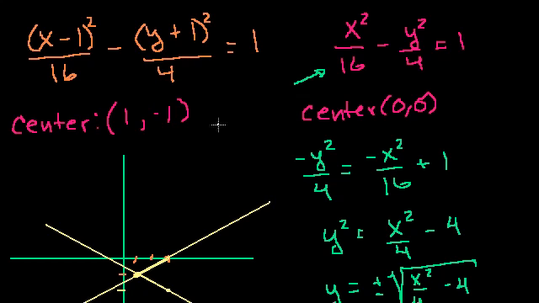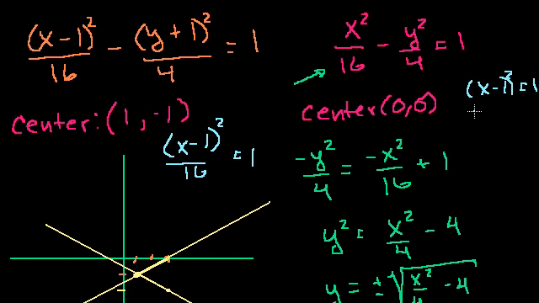So when y is equal to negative 1, you're left with x minus 1 squared over 16 is equal to 1. Right? I just canceled out this term because I'm saying what happens when y is equal to negative 1. You multiply both sides by 16, and x minus 1 squared is equal to 16.